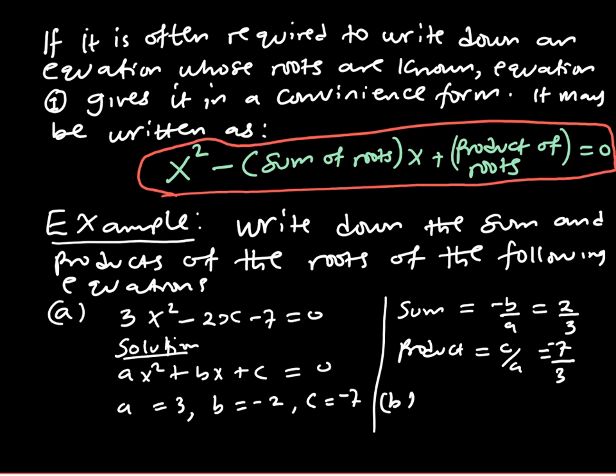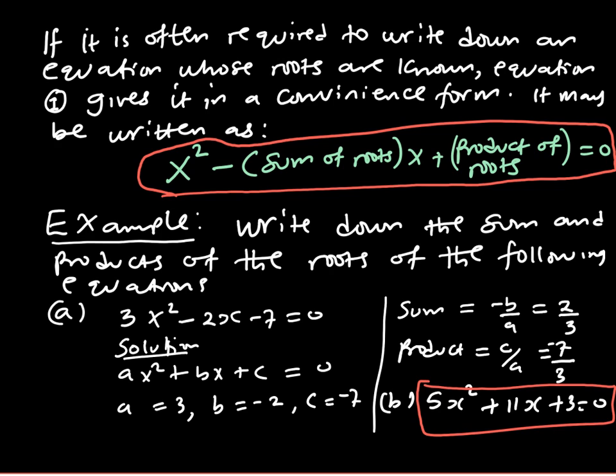B is 5x squared plus 11x plus 3 equals 0. So they want you to go ahead and write the sum and the product of roots of 5x squared plus 11x plus 3 equals 0. So what do we do? Do the same.